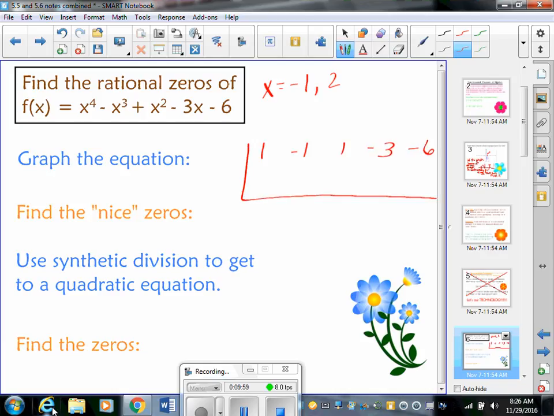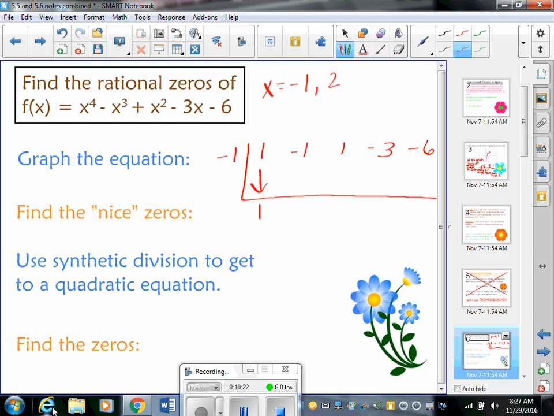What am I dividing by? Negative 1, and then 2. Remember, this is x equals, so actually use what it equals. We don't switch those ones. It doesn't matter which one you use first. I'm going to use negative 1 first, only because that's the first thing I have written down.